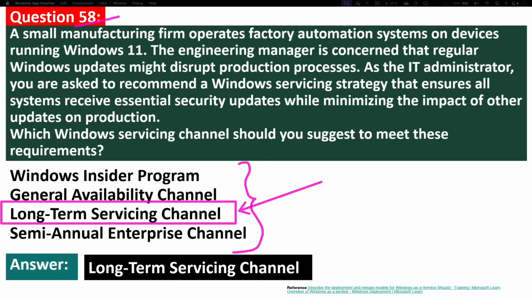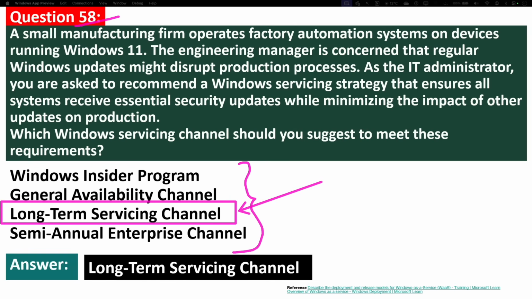The long-term servicing channel, or LTSC, is a specialized version of Windows designed for stability and long-term support, primarily used in environments where changes need to be minimized. With the long-term servicing channel, you don't receive feature updates every few months like a regular version, and you only get security and critical updates for up to 10 years.